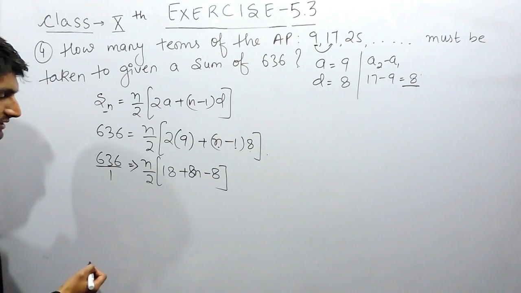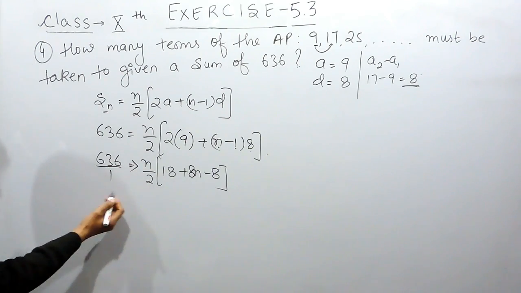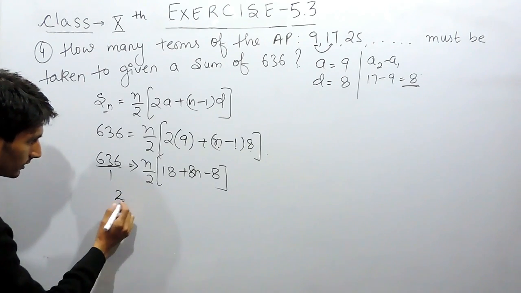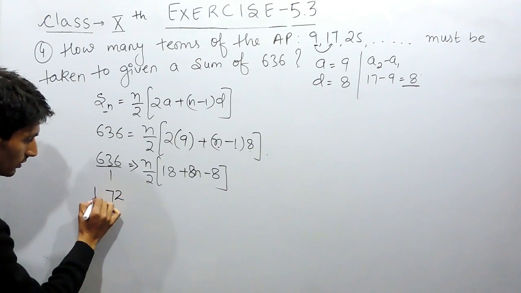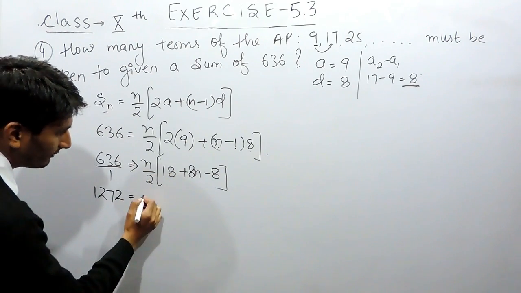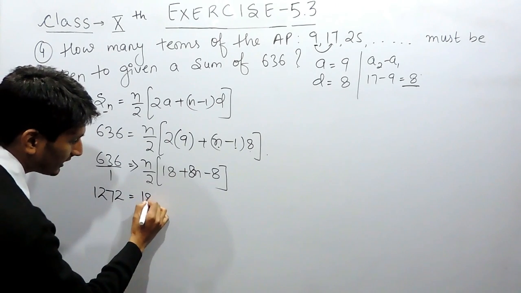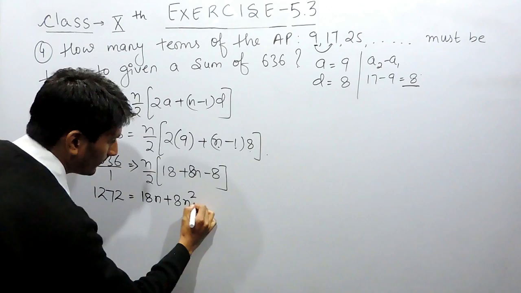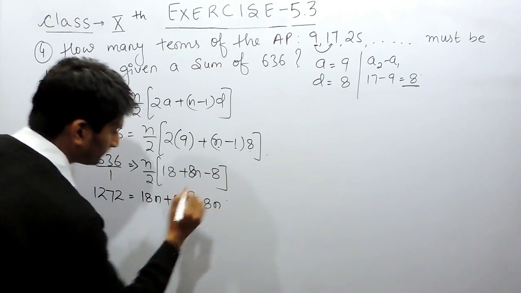This is 636 upon 1. So cross multiplying, this multiplied by 2 is equal to 1272, and n when multiplied inside the bracket will give 18n plus 8n square minus 8n.